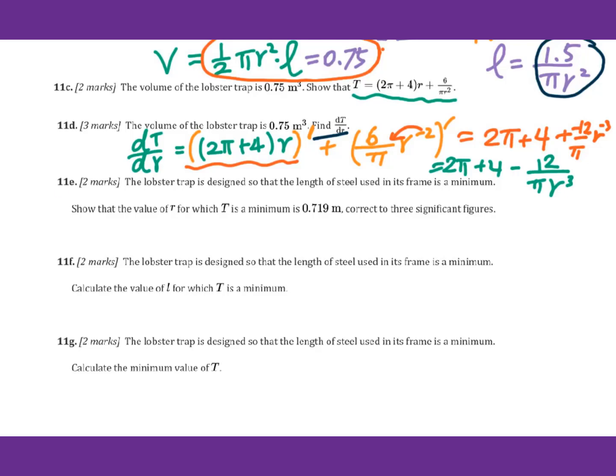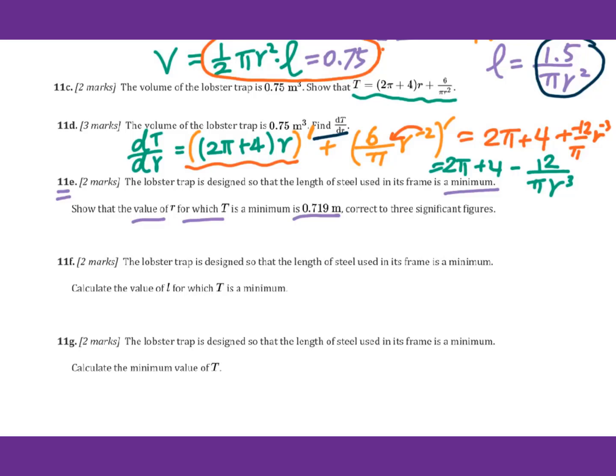Now go to 11e. The lobster trap is designed so that the length of steel used in its frame is a minimum. Show that the value of r for which T is a minimum is 0.719 meters, correct to 3 significant figures.